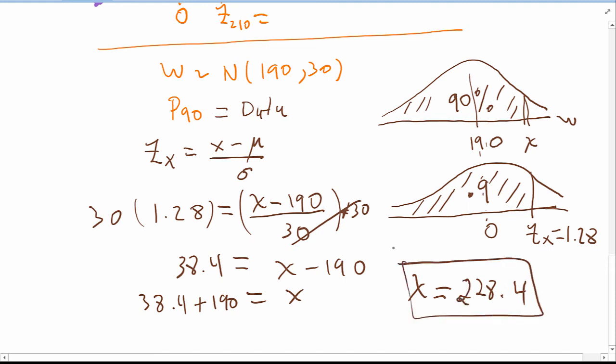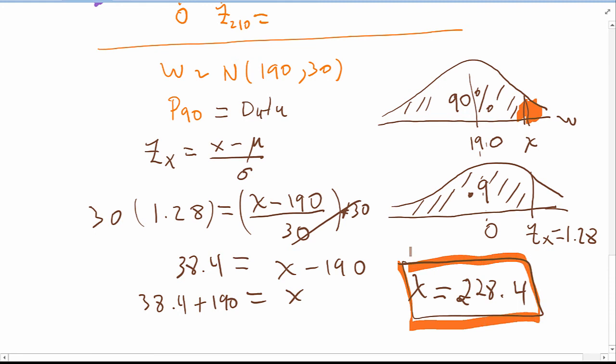That is the weight. So if your weight is 228.4, you can look at it two ways. 90% of the males weigh below you, or another way of saying this is that 10% of the males in this little tail weigh above you. All right, so you are P90. The 90th percentile is this particular weight, 228.